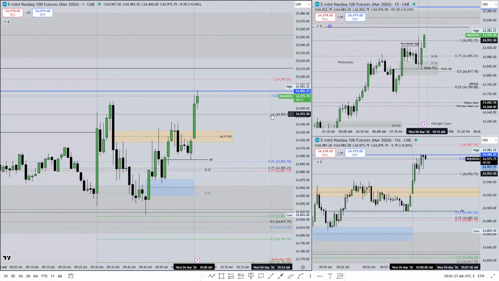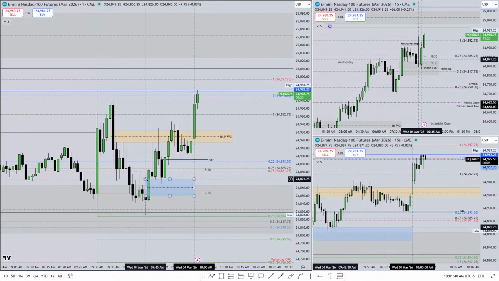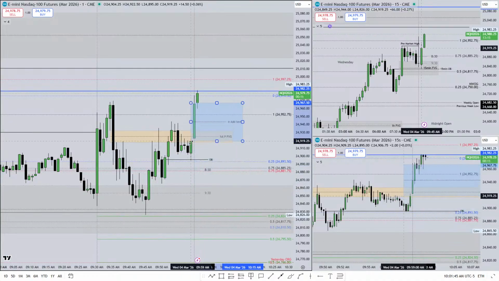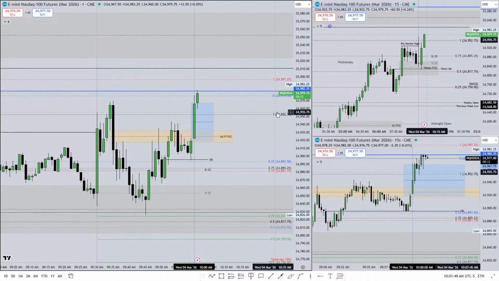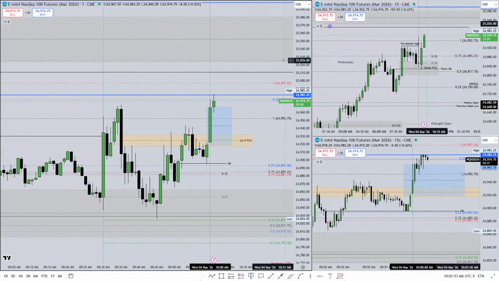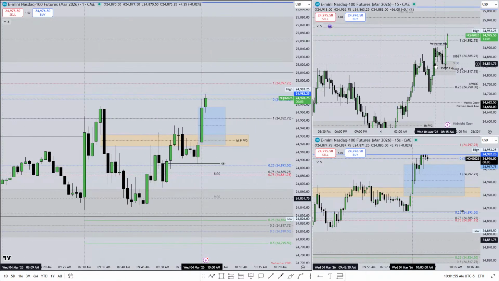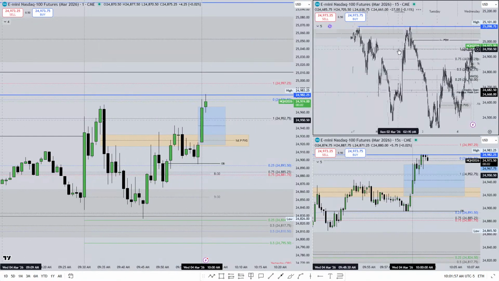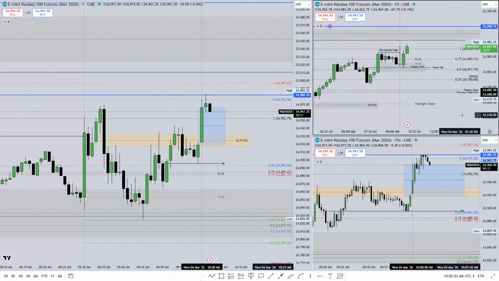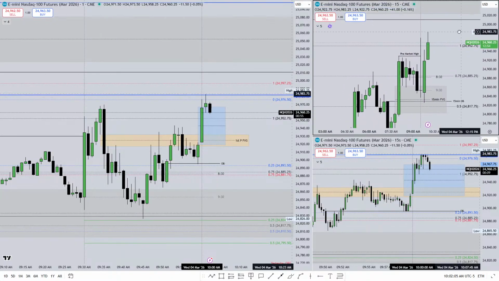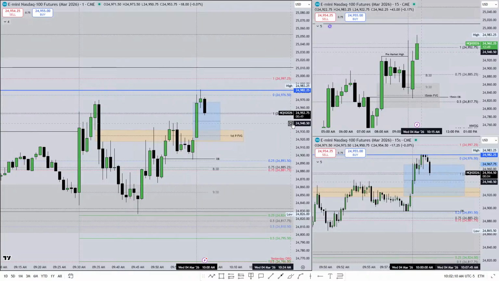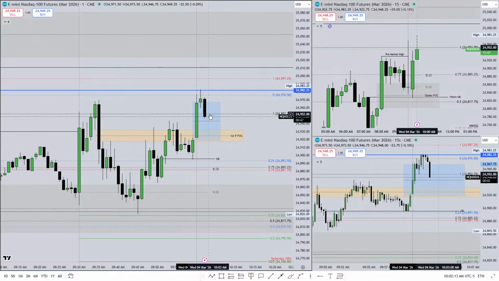This is the high of the new week opening gap. That's this level right here. It's the high of the new week opening gap. Best case scenario, buy side, remember I said, is up here. Let's see if this holds right here.